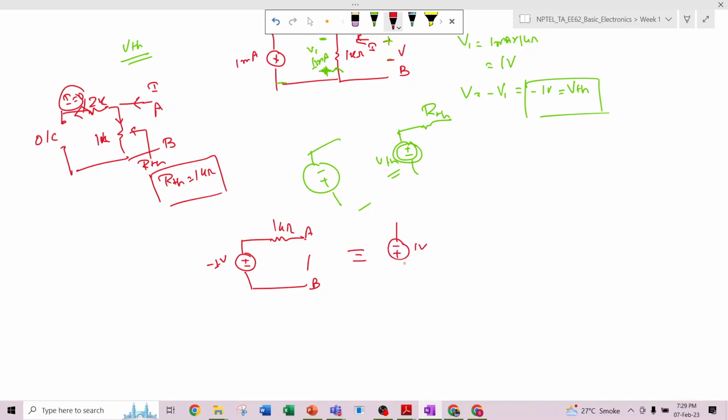Now we can write it as 1 volt, meaning the voltage is in this direction, with 1 kilo ohm.